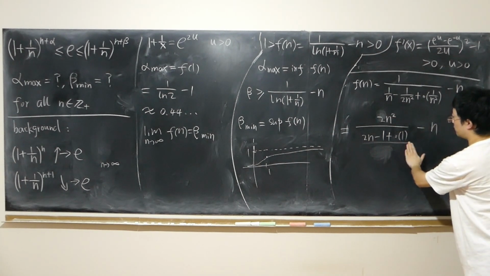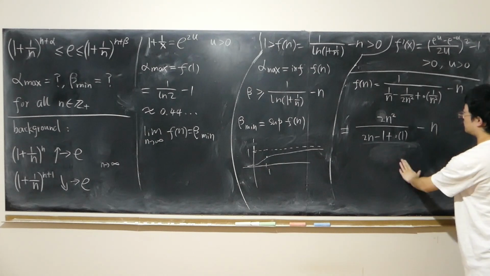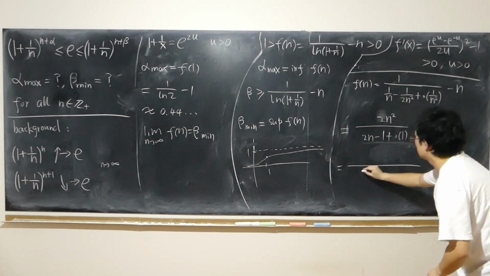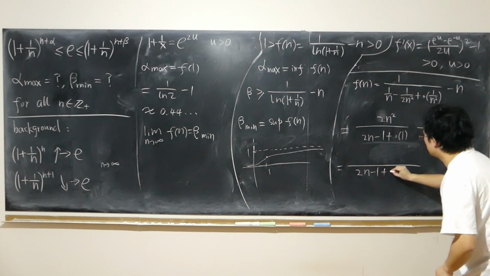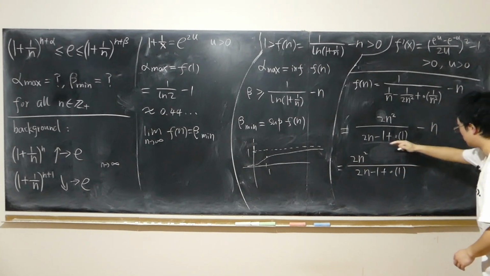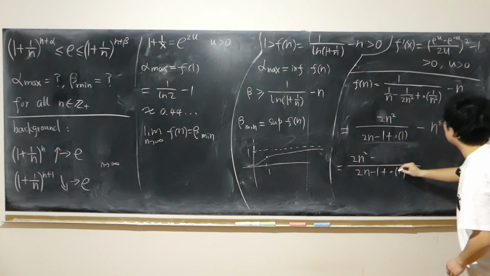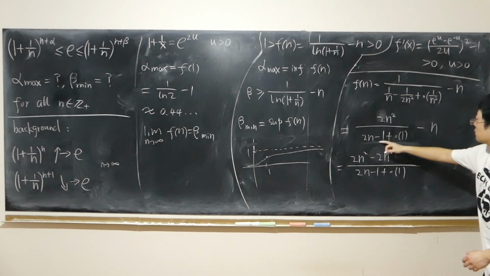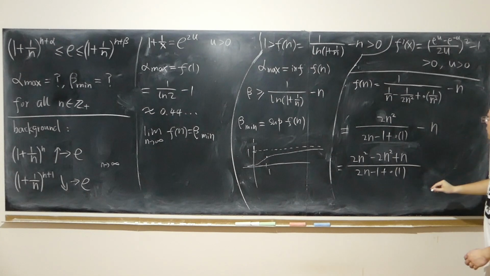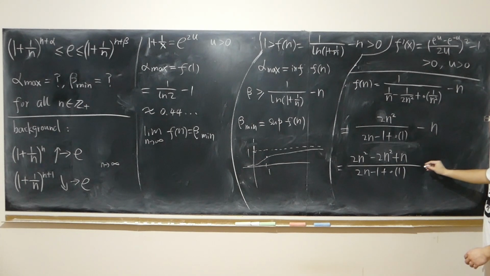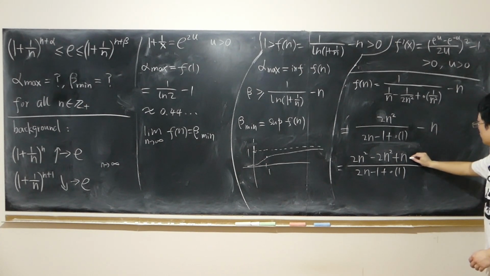To work this out, we have 2n minus 1 plus little o of 1, and 2n squared minus n, common denominator is this: 2n squared minus 1 minus n plus n, and little o of 1 times negative n is negative little o, but it's the same as positive little o of n.